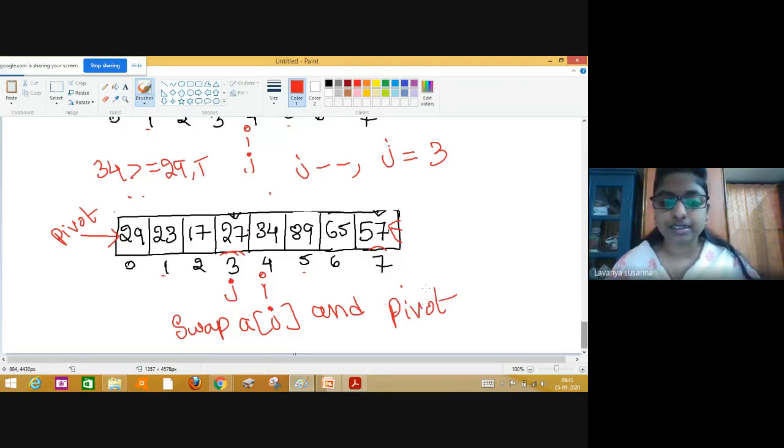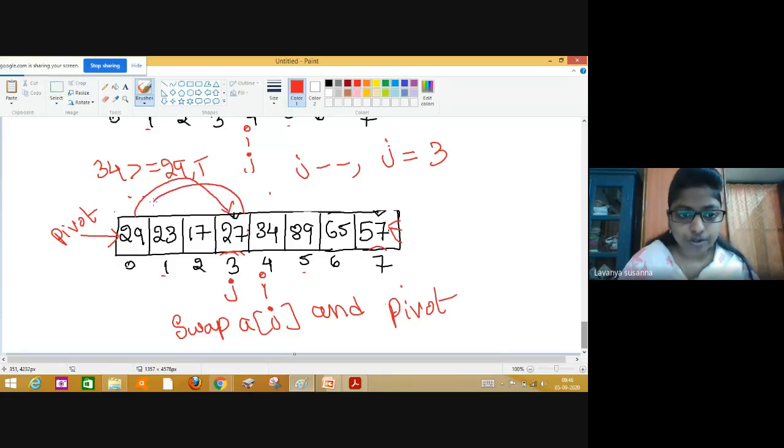Everyone, please see carefully. Swap it. Don't repeat the process. Don't decrement J because J crossed I. Whenever J crossed I, you need to swap A of J and the pivot value. So 29 goes to 27's place, and 27 comes to the 0th index. Swap it.